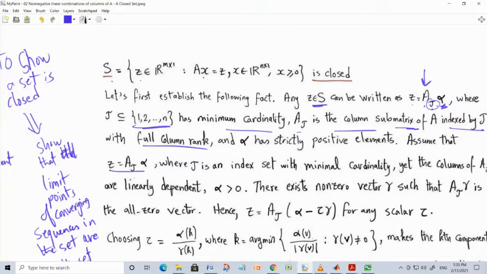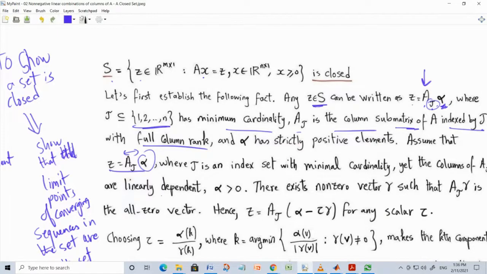So suppose that you can write this with vector alpha that is strictly positive, and you take the minimum possible number of columns in A, but the columns of AJ are linearly dependent. The trick here is to show that if the columns of AJ are linearly dependent, we can actually get rid of at least one more column.